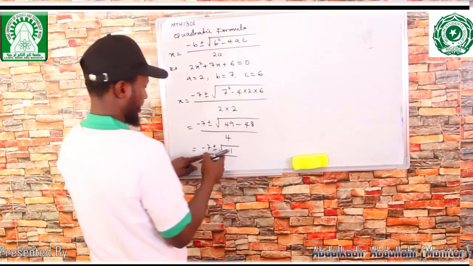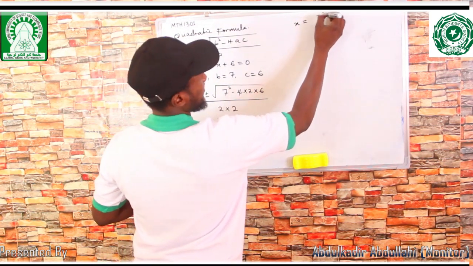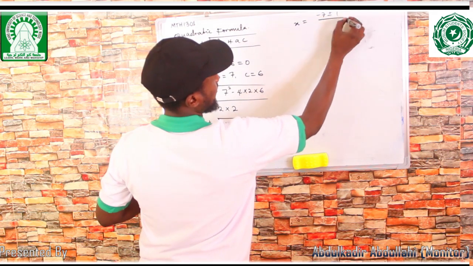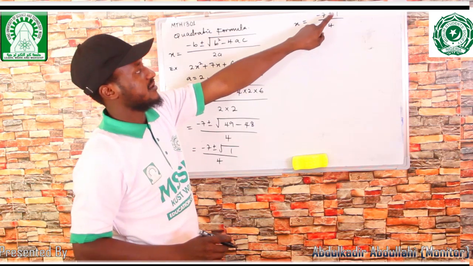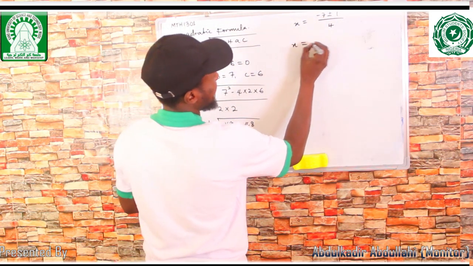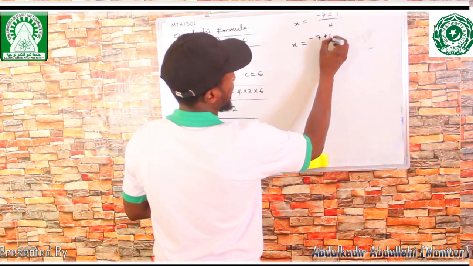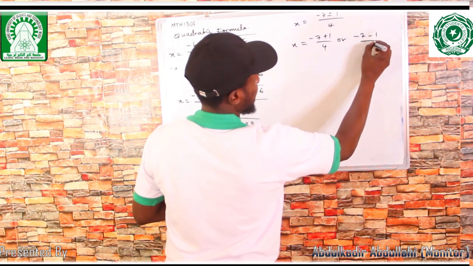And this is equal to minus 7 plus or minus root of 1, divided by 4. Now what is root of 1? Root of 1 is 1. So our x is equal to minus 7 plus or minus 1 over 4. When you come to this junction, you just take the positive 1 or the negative 1. So x is either minus 7 plus 1 over 4 or minus 7 minus 1 over 4.